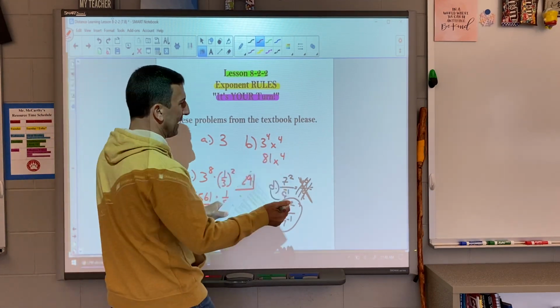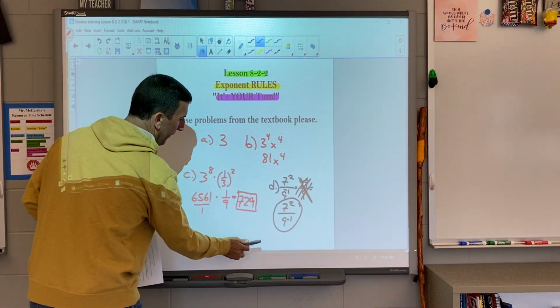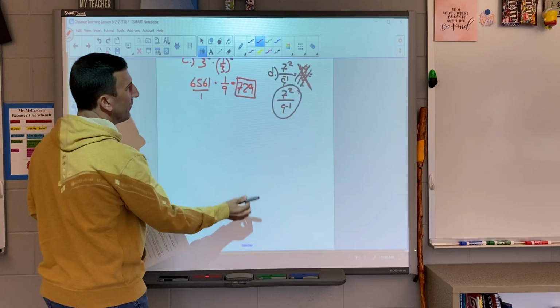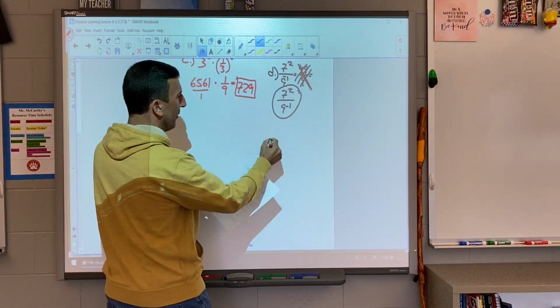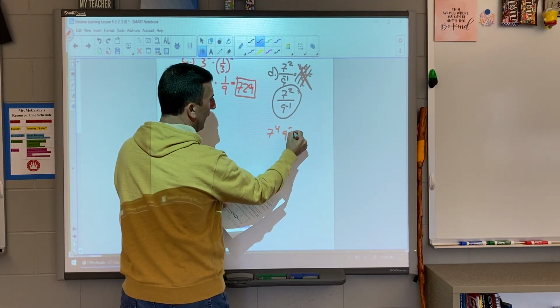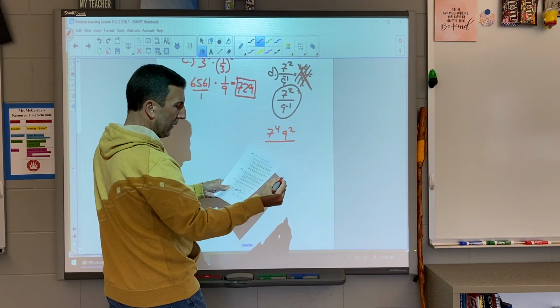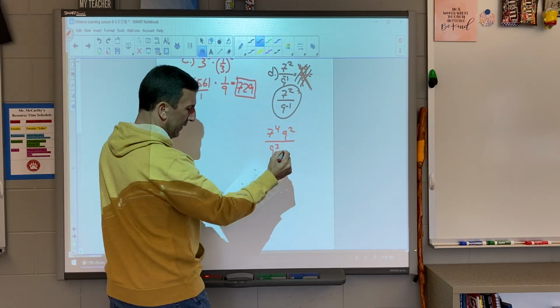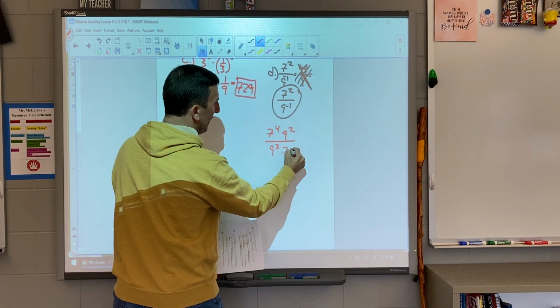So let's look at that top problem. I'm going to move this up. If we look at the problem, it was 7 to the 4th, 9 squared over 9 to the 3rd, 7 squared.